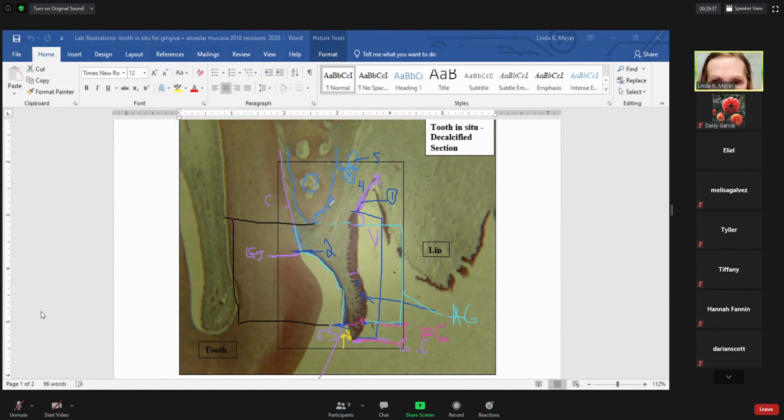And it does go down a little bit on this facial aspect of the bone too. The gingiva is attached to bone too, but we're just talking about the attachment of the gingiva to the tooth all along here.